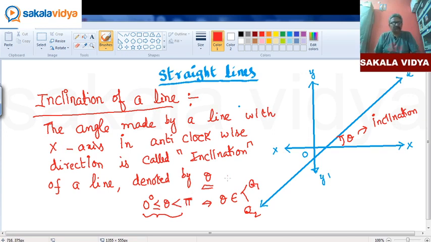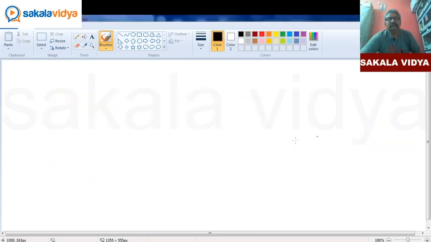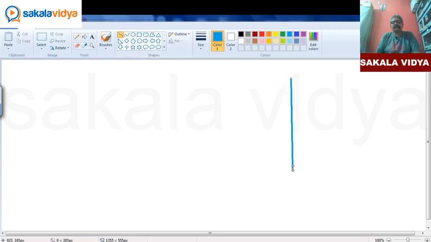Now, for example, you take coordinate axis like this. Say this is x axis, say this is y axis, suppose this is origin.